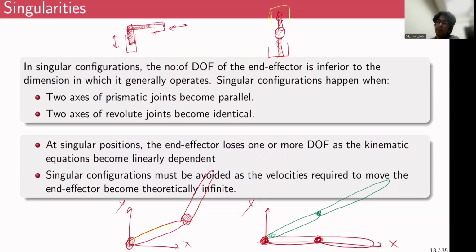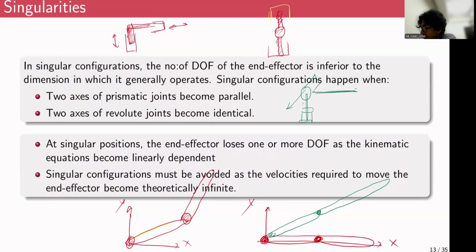Would this be applicable in the case of a robot which has multiple joints, multiple revolute joints? Maybe I'll give an example. If the first joint is something like this, vertically up, and the second joint is something like this, coming out of plane, and at the end, probably you have a wrist in all three directions.